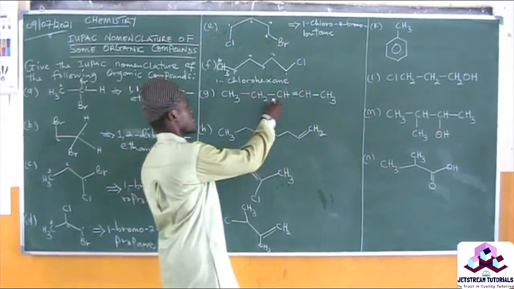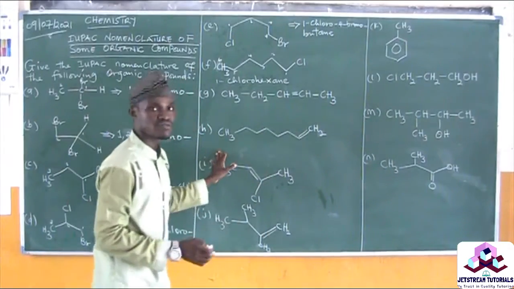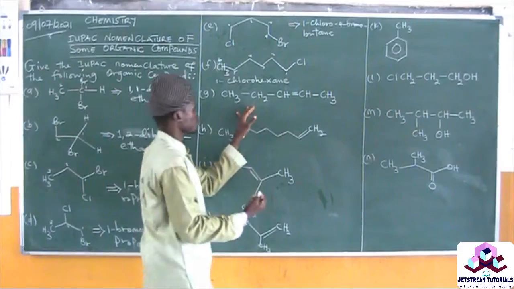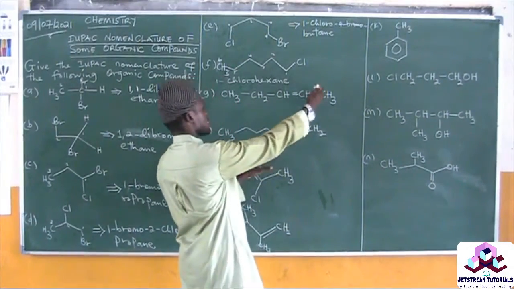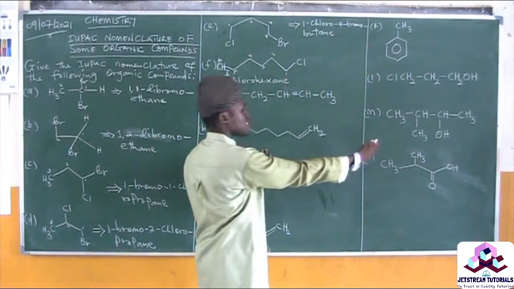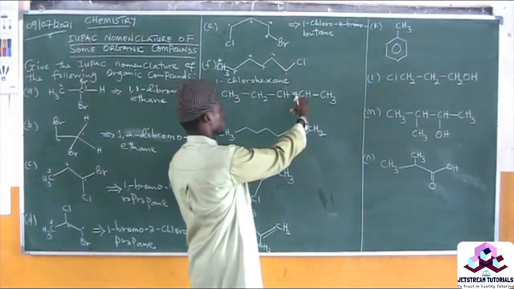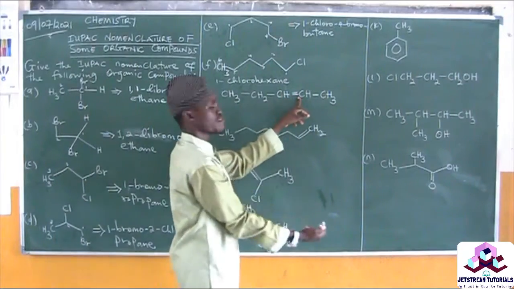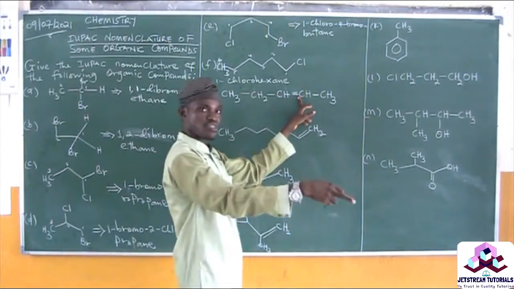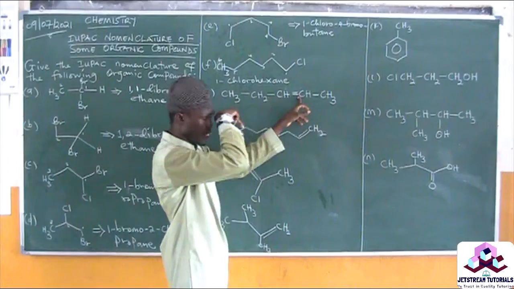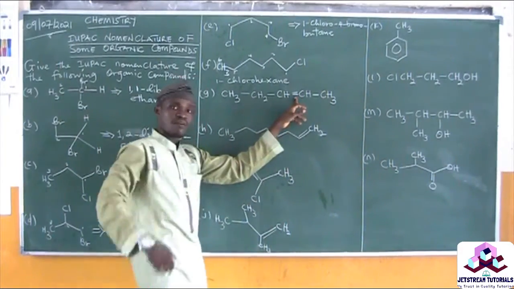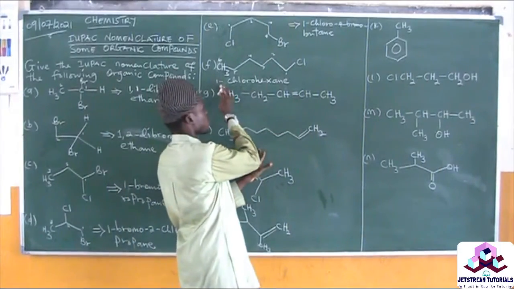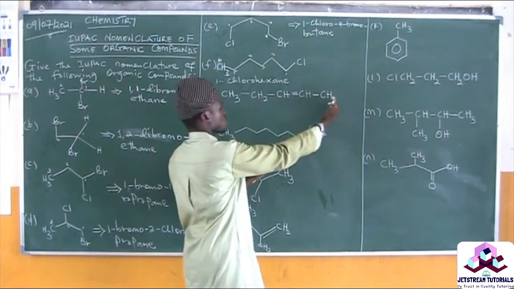So when numbering this type of compound, in order to provide the IUPAC nomenclature, your numbering will start from the side that is closer to the double bond, so as to give preference to the double bond. The double bond in the carbon chain must have the least possible number when numbering. So if you start numbering from here, it is still far, so you have to start numbering from this side.